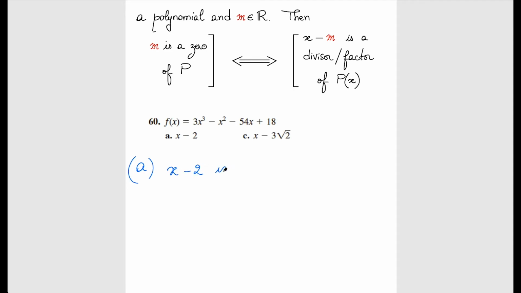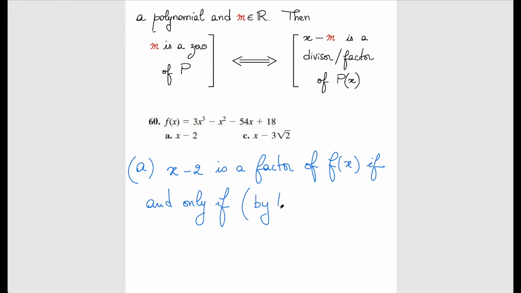so x minus 2 is a factor of f of x if and only if, by the factor theorem, so if and only if 2, right, I have here x minus 2 in this context is a factor of f of x if and only if the number m, which is 2, is a 0 of the function f, correct?